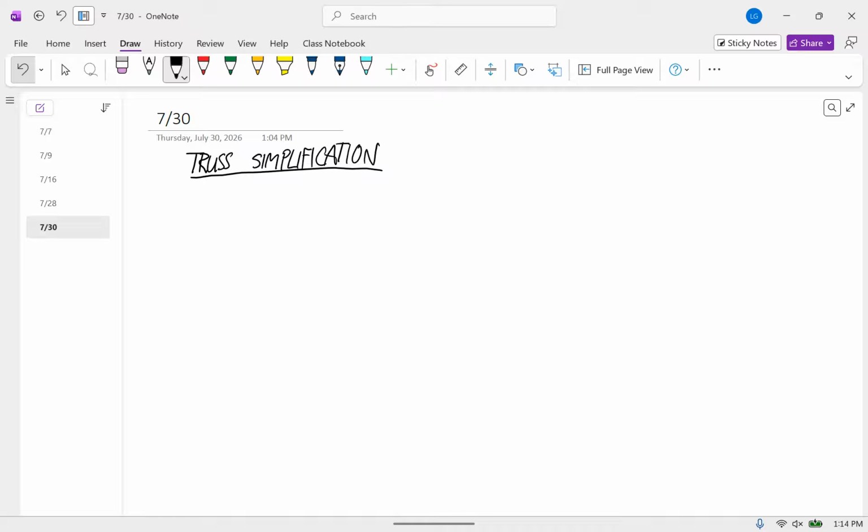And if you only get one thing out of this lesson, this is the one thing that you need to remember. This only works for structures with very specific properties.